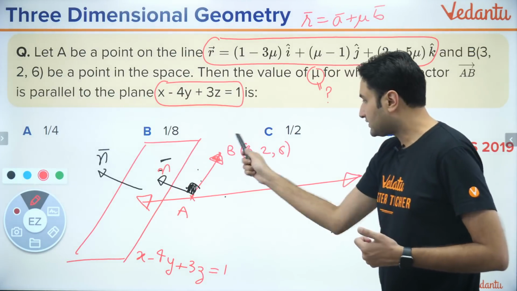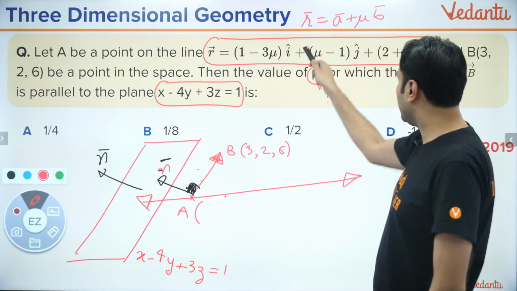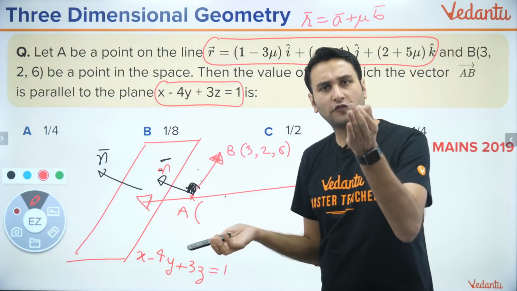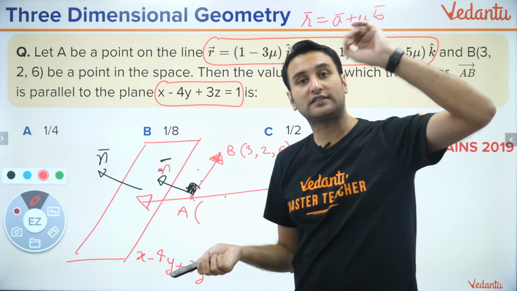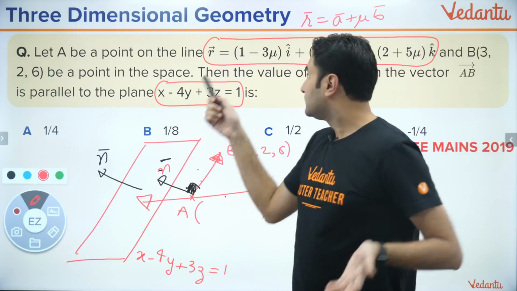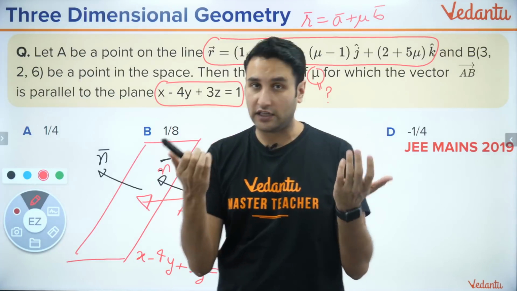Now what do we do? Just find the AB vector. Any point A on the line can be written in terms of some value of mu, just like we used to do earlier with lambda, which gave any point on the line. Similarly, any value of mu will give any point A on the line.